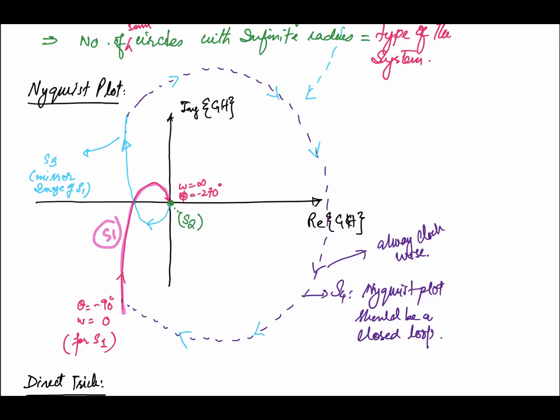This is for S1, and for S2 it is just a point at the origin, and then for the third part from 0 towards infinity, the mirror image of this one, and then this one. This is necessary for the closed path, because we know that the closed path in the S plane gives us the closed path in the GH plane, right?